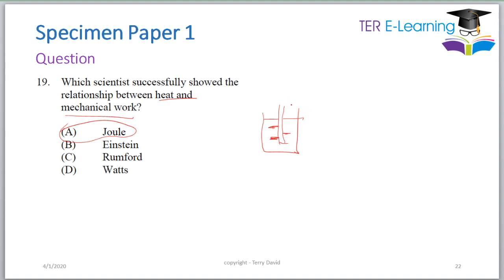He set up a contraption with falling weights, and as the weights fell, the paddle wheels began to spin. The temperature of the water increased by a certain amount. And what he noticed is that every time he dropped this mass from a particular height, the temperature change was always the same.